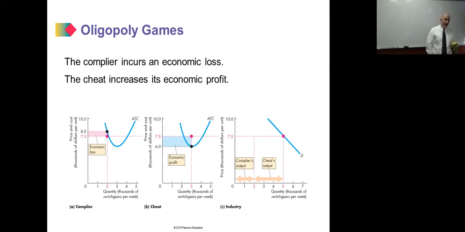Now, how many more units did the cheater take? Well, the cheater pushed output out by 2,000 units.